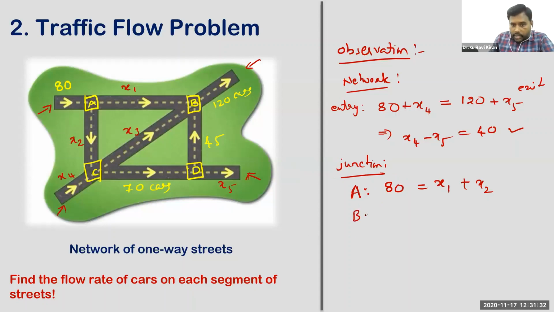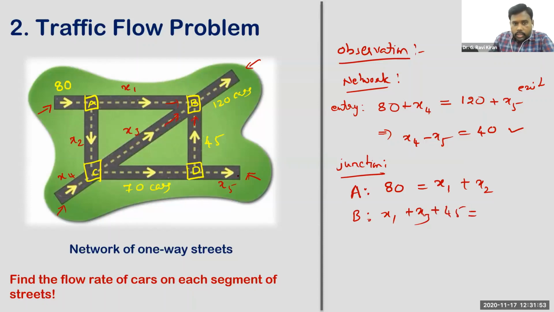And if you take junction B, towards junction B there are 3 different ways. Vehicles are traveling to junction B in 3 different directions. From here one is X1, from this direction it is X3, and from this direction it is 45.